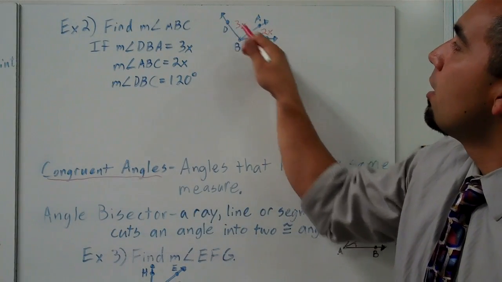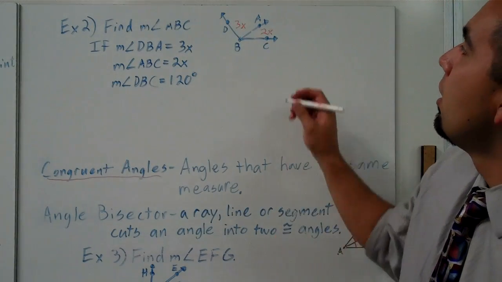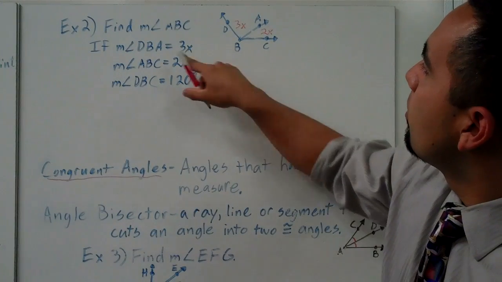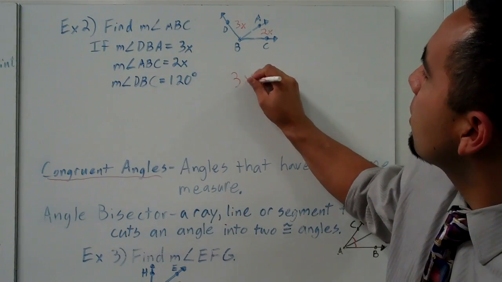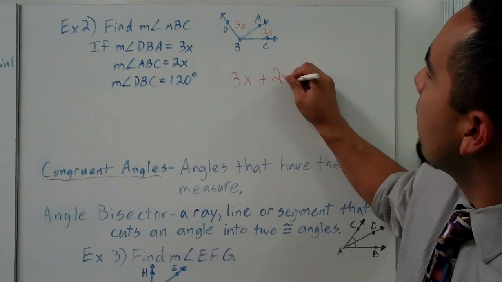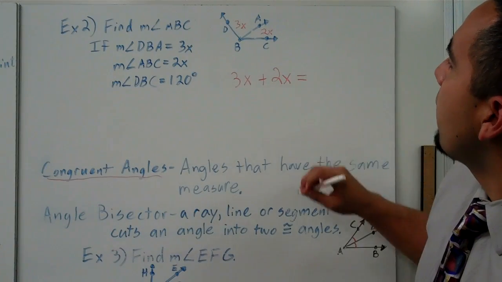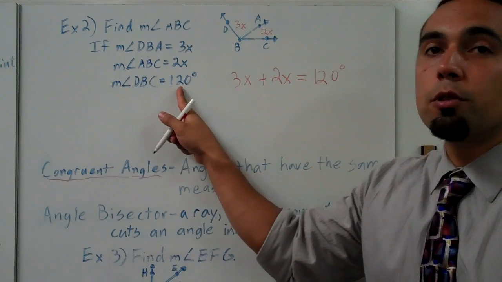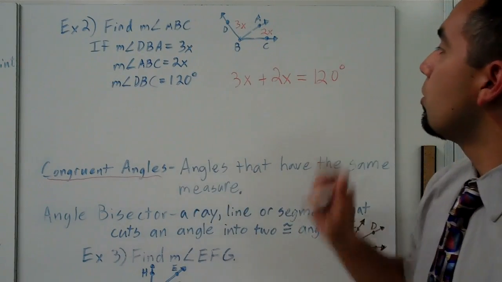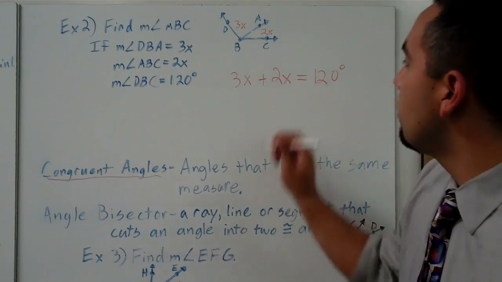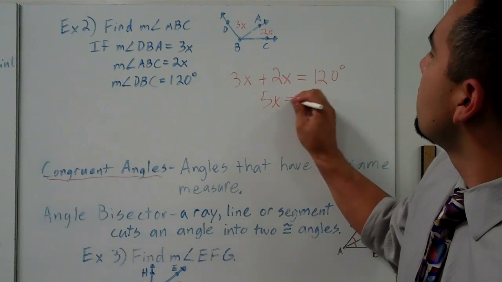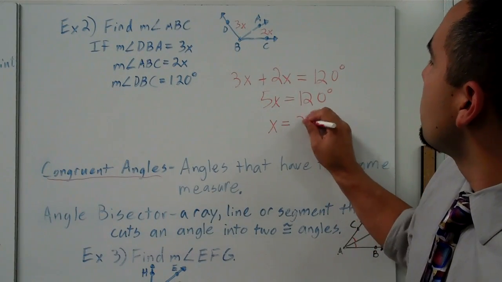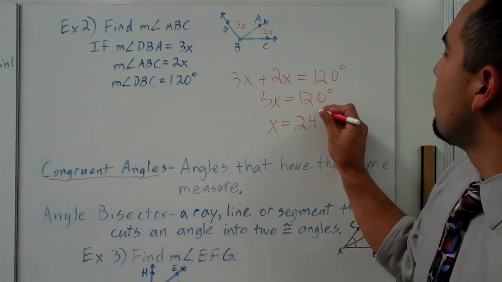So that's the big angle. All I have to do is say the two small pieces, DBA, 3x, plus 2x, the other small piece. If I add them together, I should get the large one, and the large one equals 120. Now we have a simple algebra problem that we can solve. We get 5x equals 120. We can divide by 5, and we should get 24 degrees.